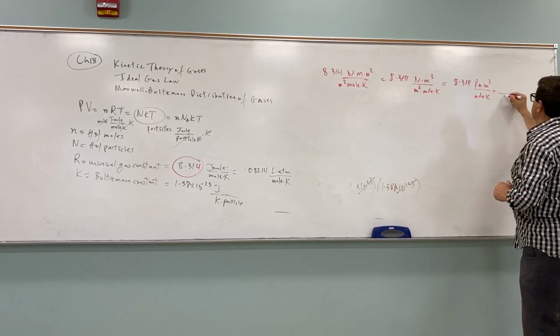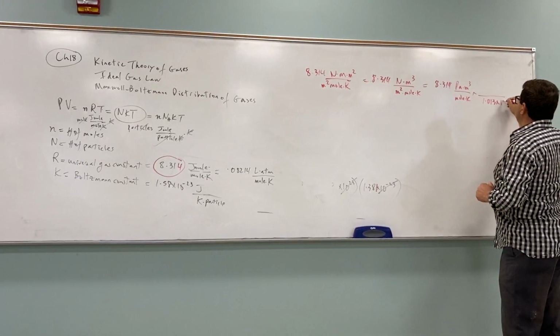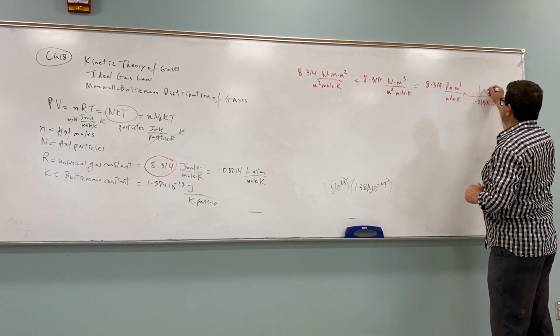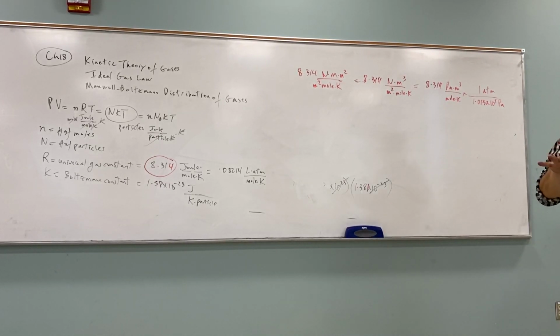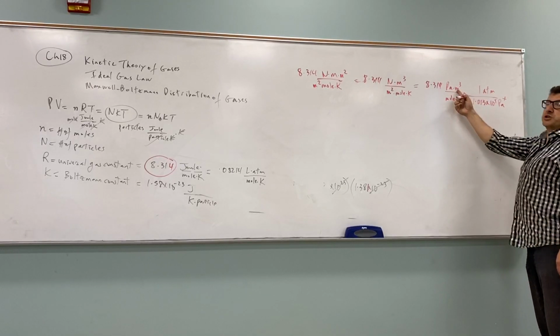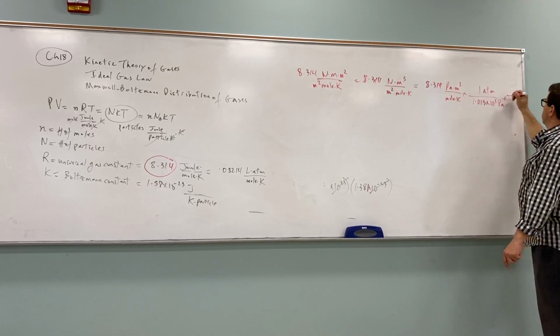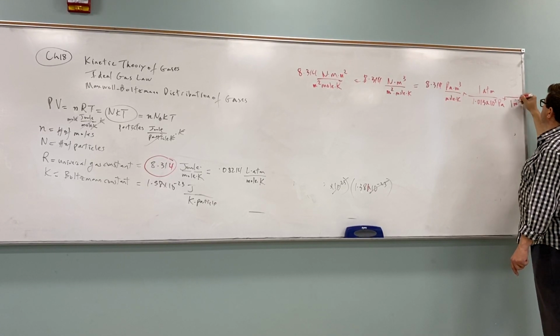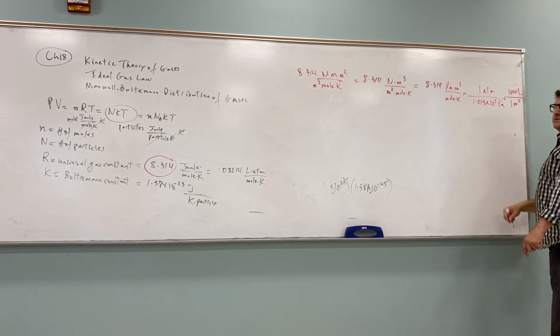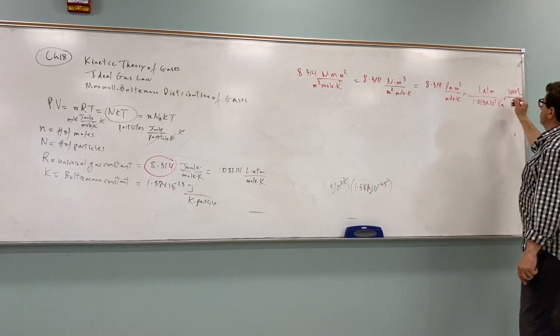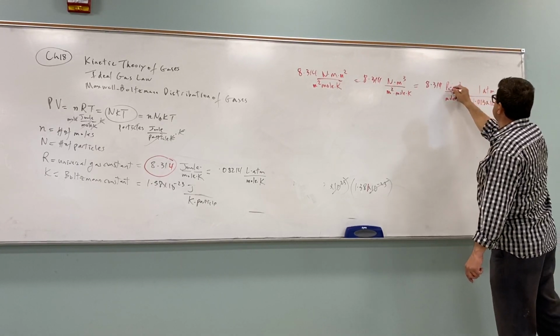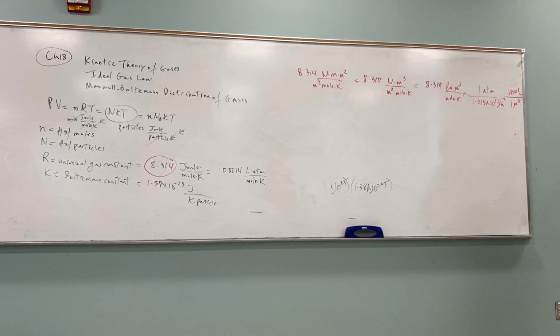Then you can say 1.013 times 10 to the 5th pascals is 1 atmosphere. Remember from Physics 101, atmospheric pressure at sea level. And the conversion between meter cubed and liter is 1 meter cubed is 1,000 liters. So meter cubed cancels, Pascal cancels.